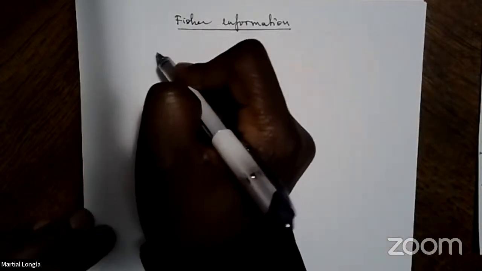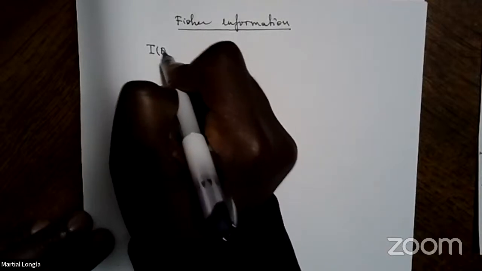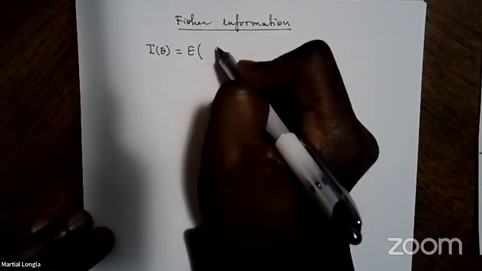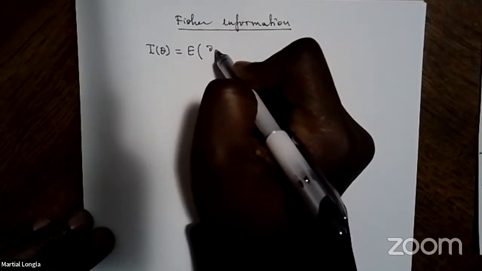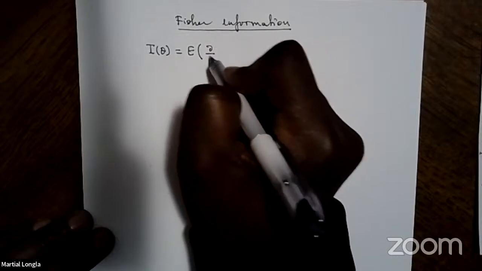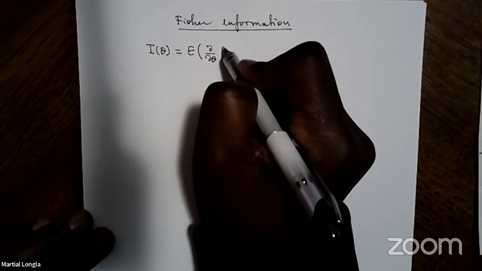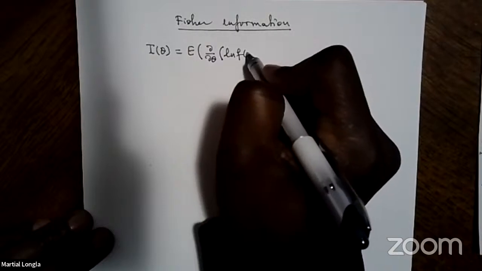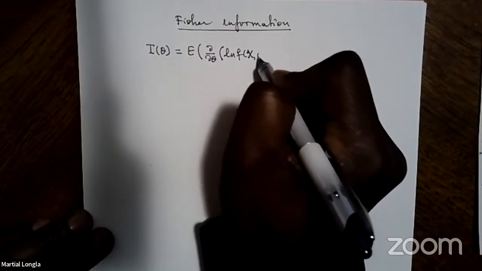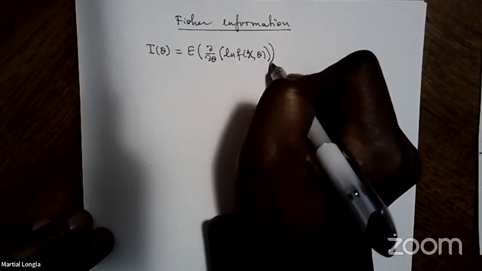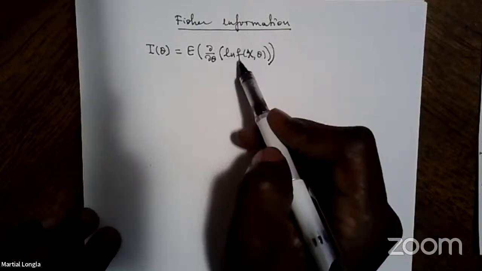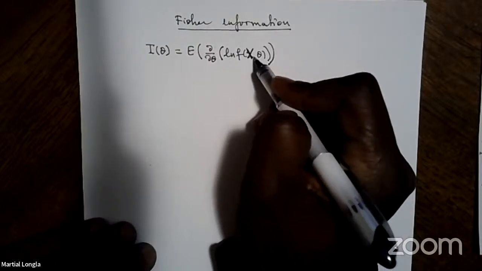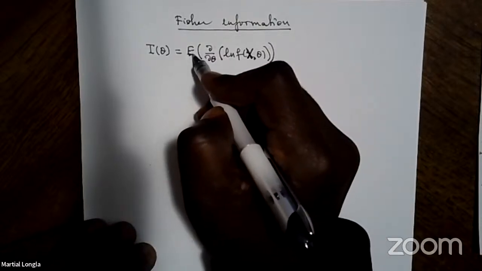Define I of theta as the expected value of the derivative with respect to theta of natural log of f of x, theta. This is kind of the density of the family that we just used, just that inside it's not little x, but x replaced by the random variable to compute the expected value, okay?